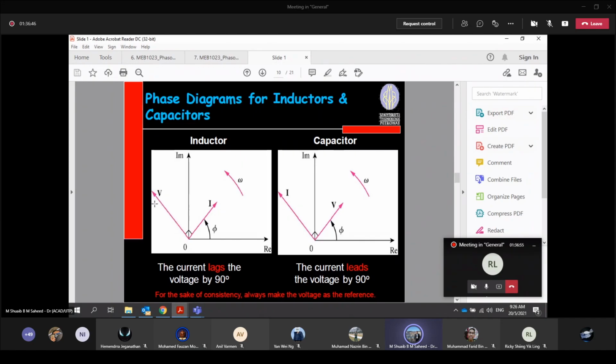If you draw the voltage in the third quadrant, the I should be in the second quadrant, so on and so forth, because the rotation is anti-clockwise. Observe the arrow, guys, anti-clockwise. Always remember, for a pure inductor, the current lags the voltage by 90 degree.